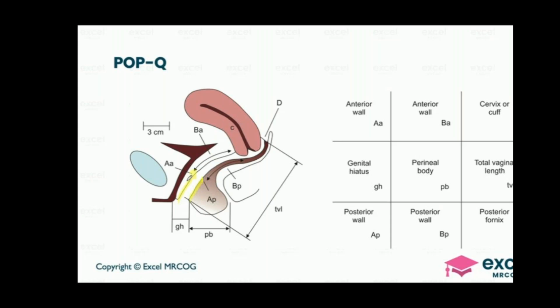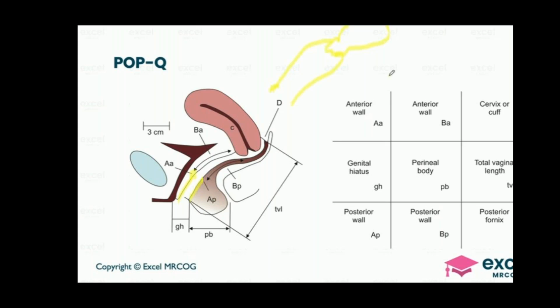BA and BP is any point which is dipping down, when there is a prolapse in the anterior wall. For example, let me draw it for you. This is a normal position of the vagina and the uterus.